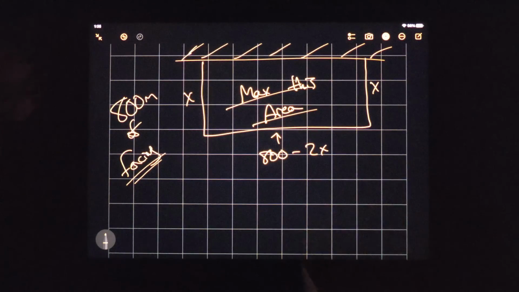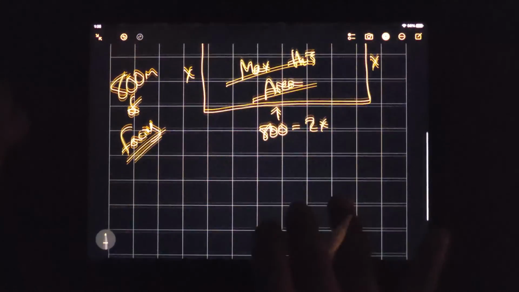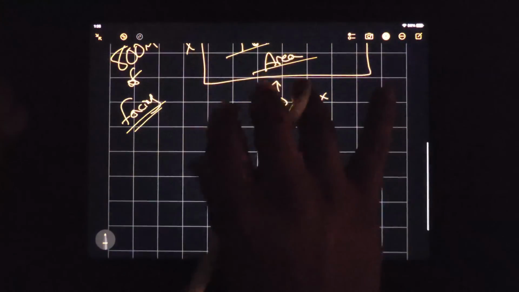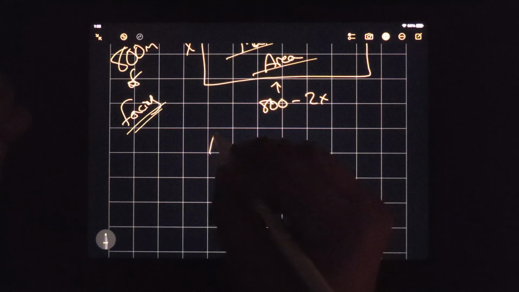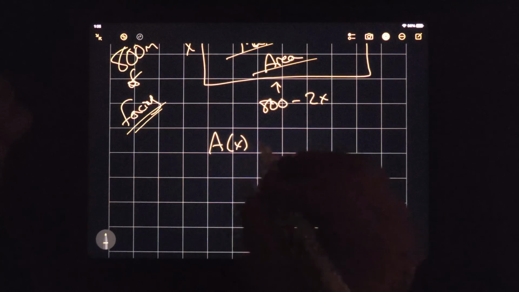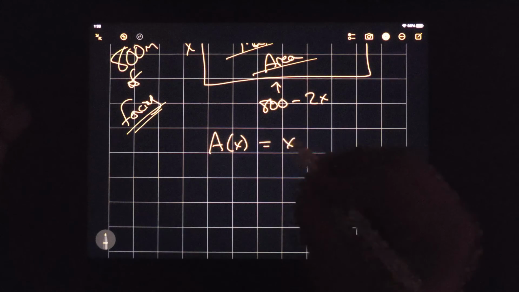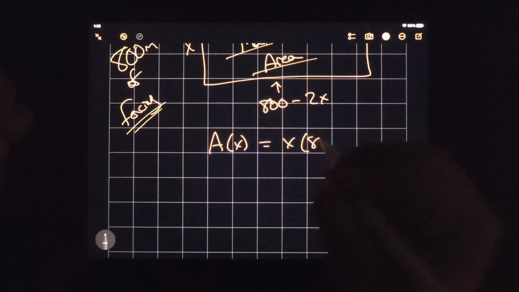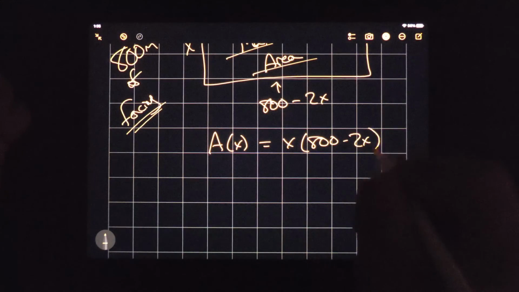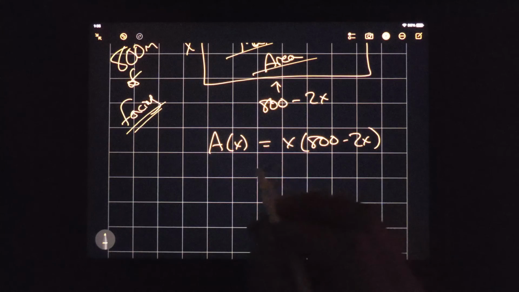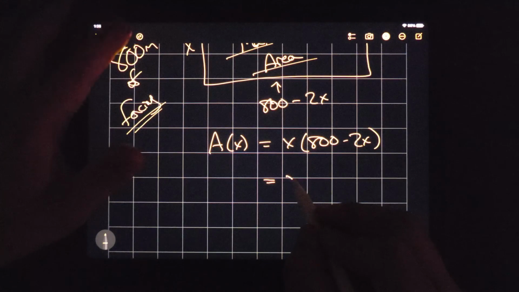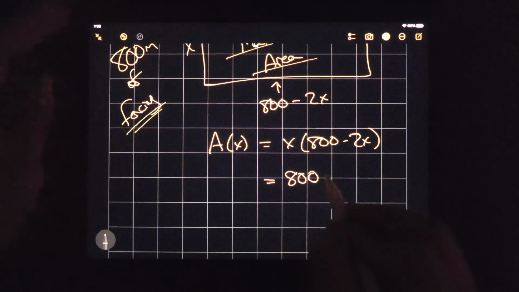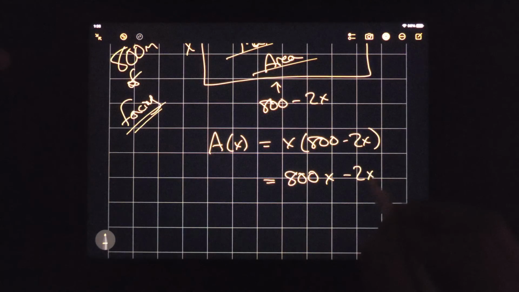minus 2x, right? So the area of this function is going to be x, which is one side, times 800 minus 2x, which is 800x minus 2x squared.